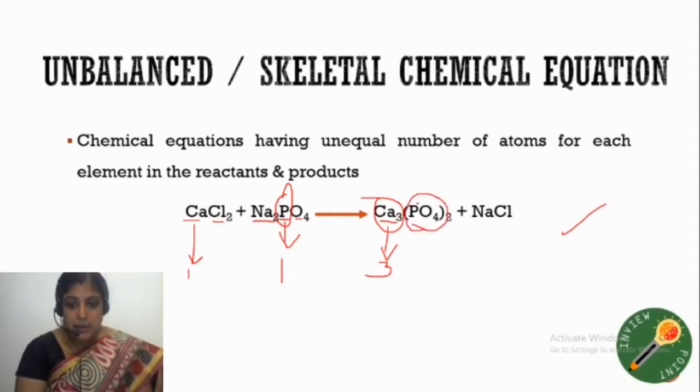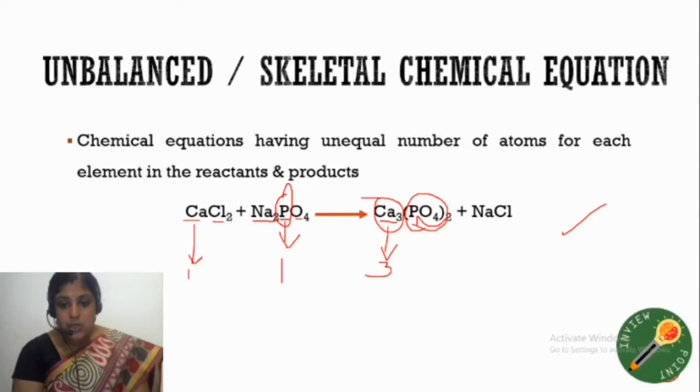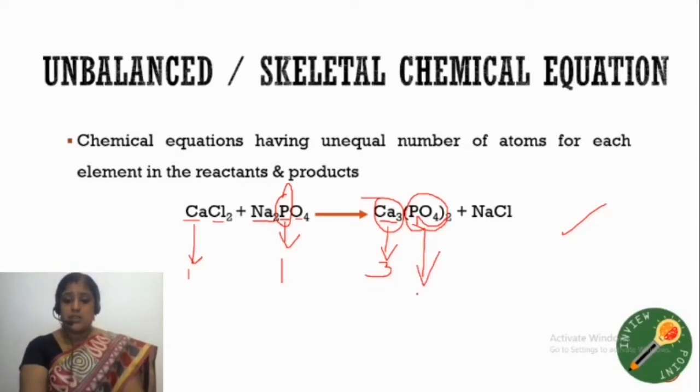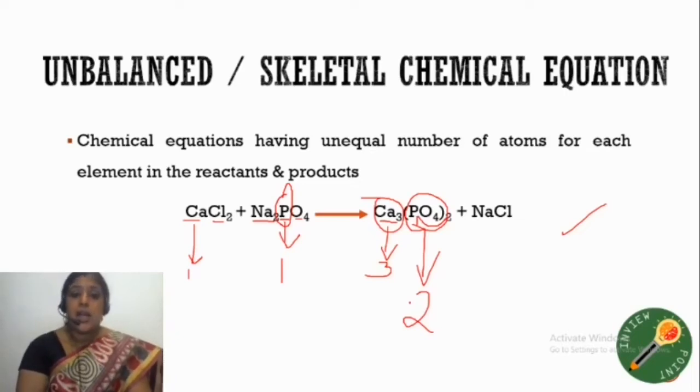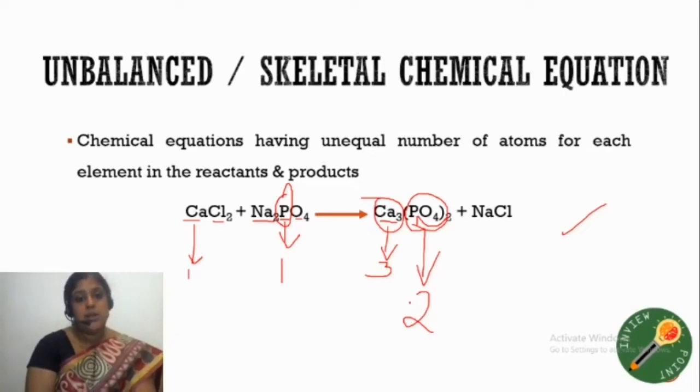So multiply this 1 into 2, that is P2. So the number of phosphorus atoms is 2 here. So that is also not equal. So the number of phosphorus atoms is also unequal in the reactant and product side. So we can say the equation is unbalanced.